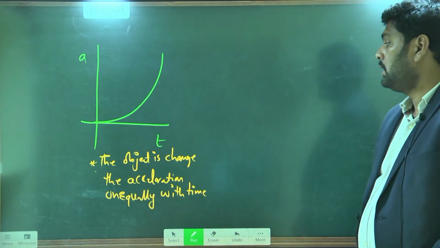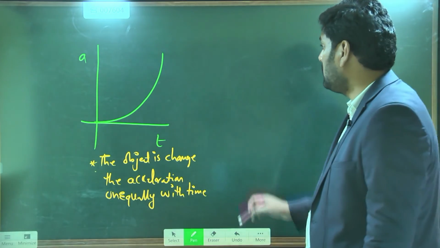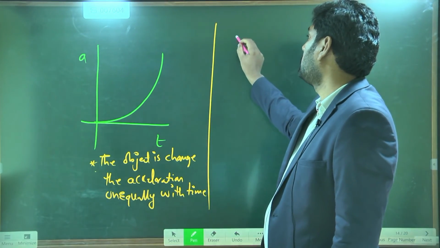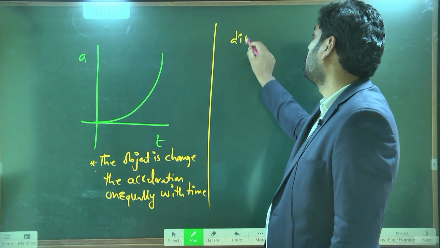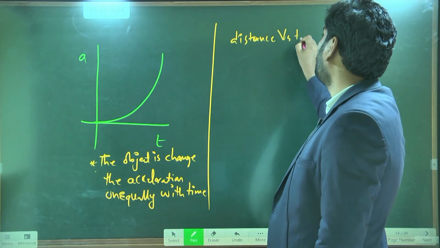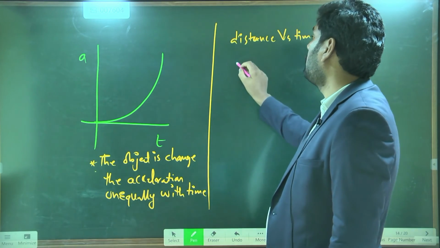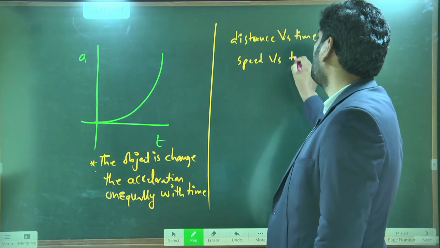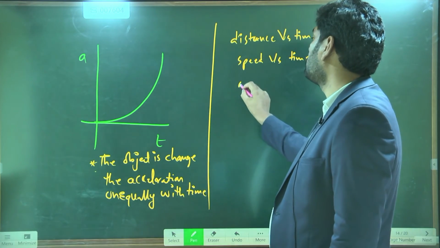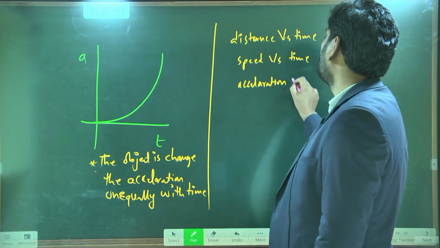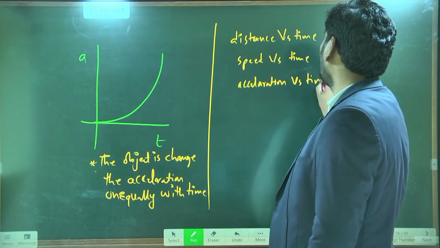Understand? So till now, what graphs did we discuss? First one is distance versus time. Next graph is speed versus time. Next graph is acceleration versus time.